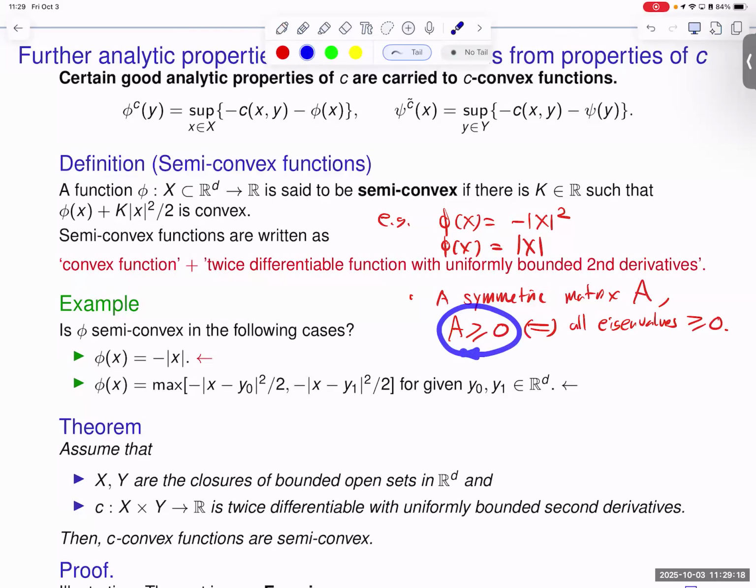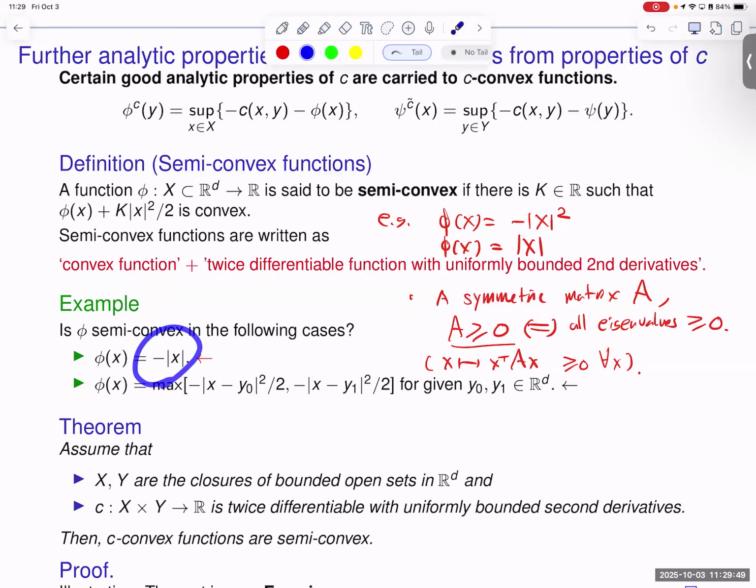This notation does not mean each entry is non-negative. So this being non-negative is the same as the quadratic form being non-negative. Did I answer your question? Yes, thank you.